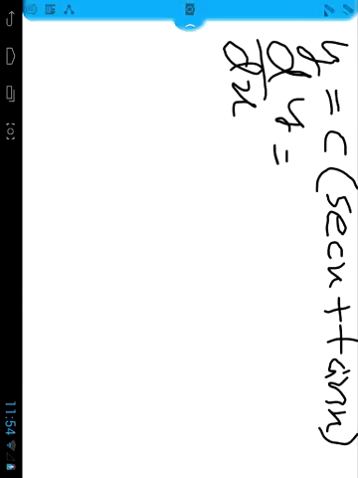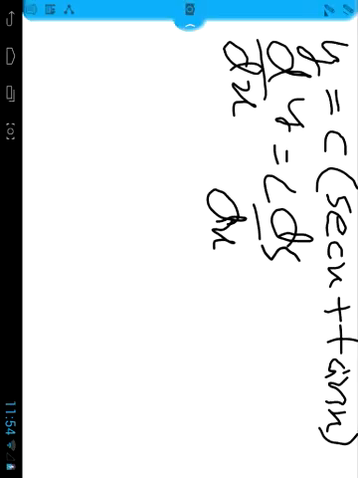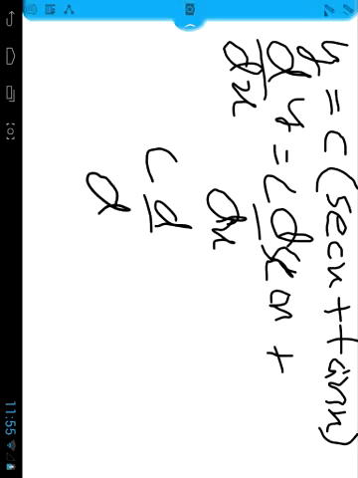Constant outside, d upon dx of sec x plus c d. I have just separated the both terms, so don't be confused.